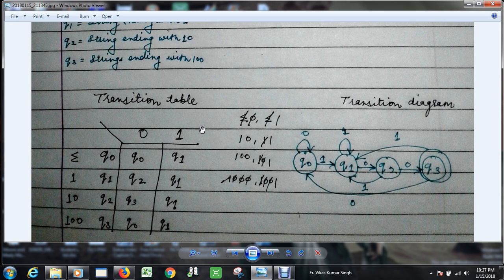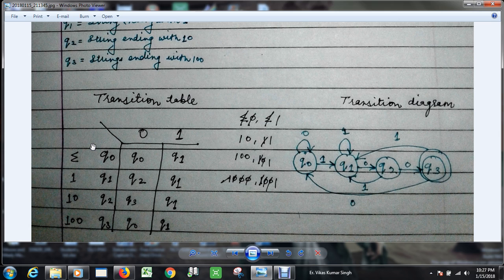This is the most important trick. You should know the trick for creating the transition table. Here the sigma values are 0, 1, and our states are Q0, Q1, Q2, Q3, and here is the epsilon sign. Then here we will write 1, 10 and 100.